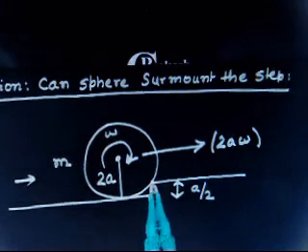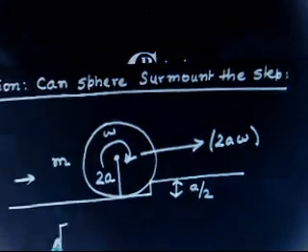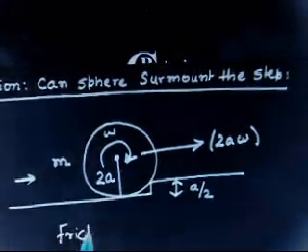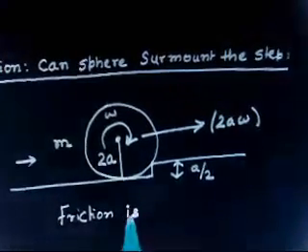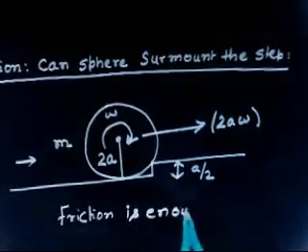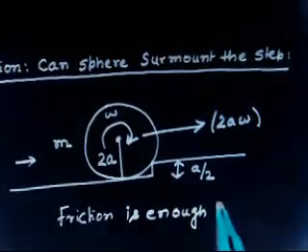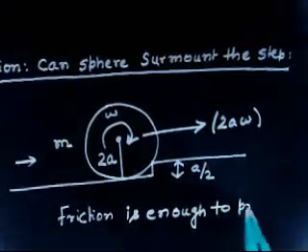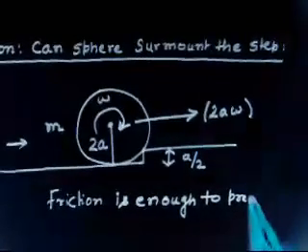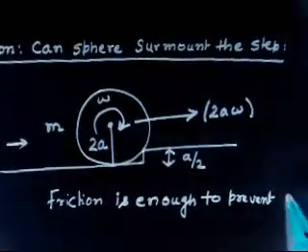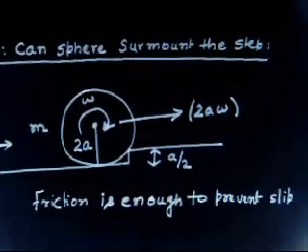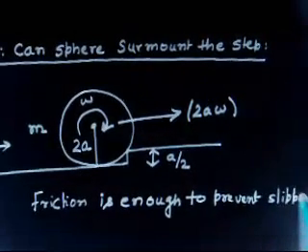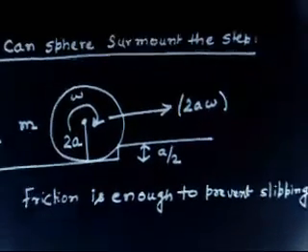So at this point friction is enough to prevent slipping. So there is no slipping. So this means after this step collision, it still remains in pure rolling. You get it?